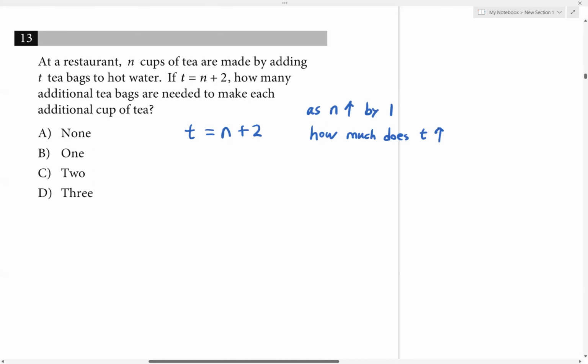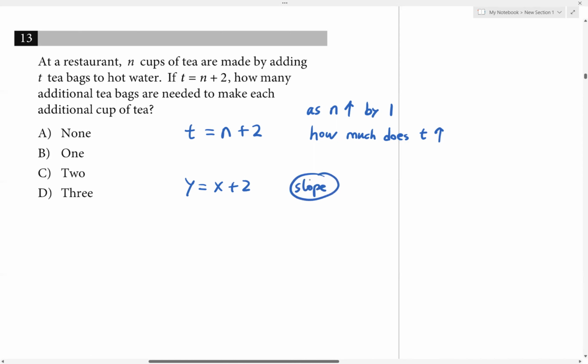Okay, so to relate this to a linear equation, t and n are like y and x pretty much. So we rewrite it as a linear equation, y equal to x plus 2. You can see that what we're looking for is, as x increases by 1, how much does the y value increase? So this is the slope. We're looking for the slope of this equation.